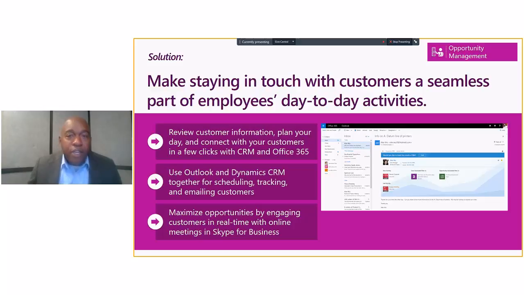If we think about the integration between Dynamic CRM Online and Outlook, then we can schedule customer meetings very simply, keeping track of key milestones, and then being able to email customers in real time, or instant message them in real time to talk about opportunities. All of that is available directly with CRM. Being able to quickly hold a meeting on Skype for Business. Those are things that save time, and thus being able to allow us to give more time to our customer.